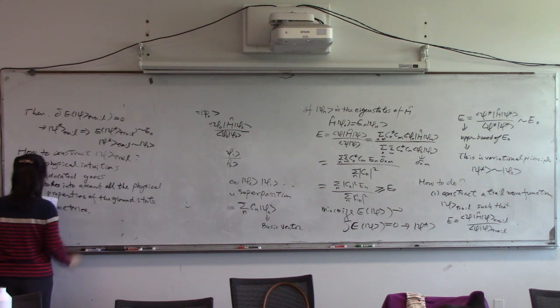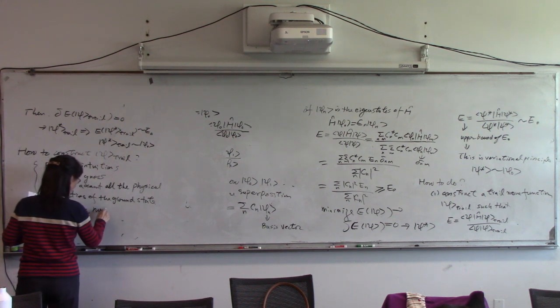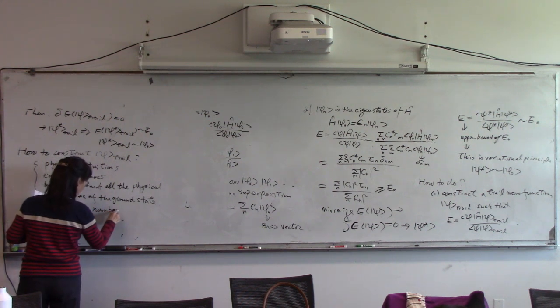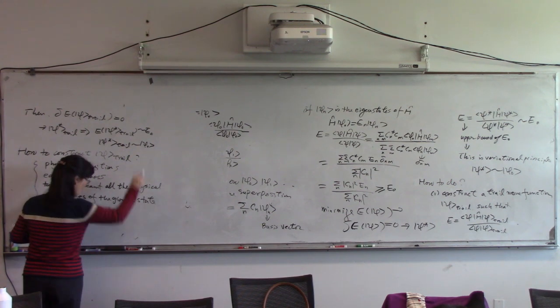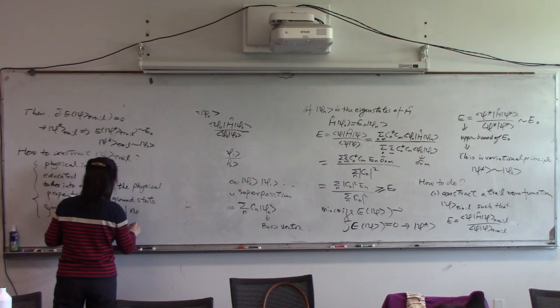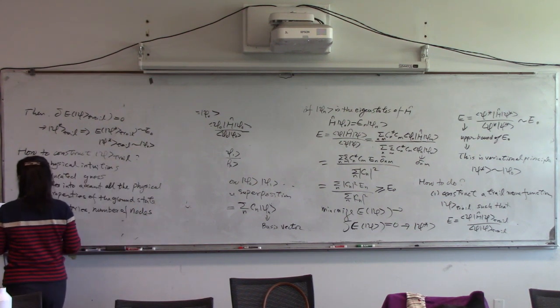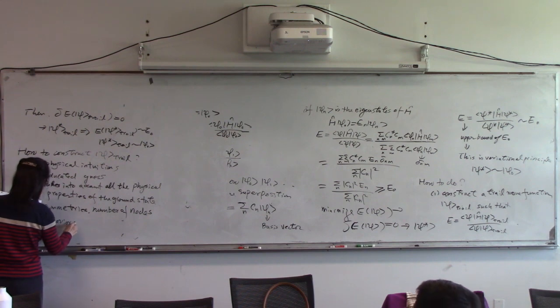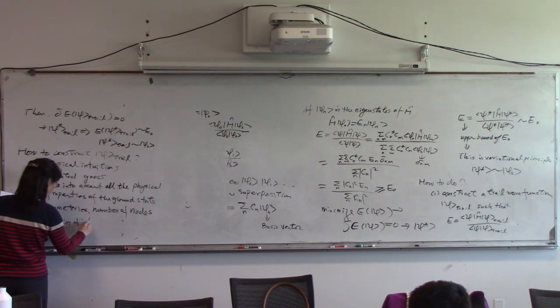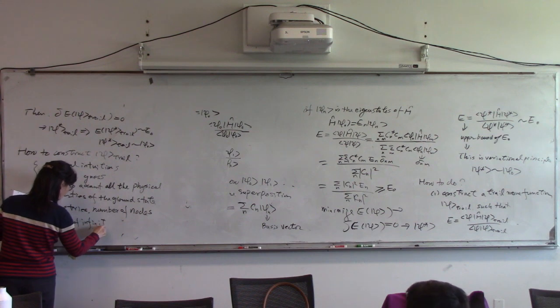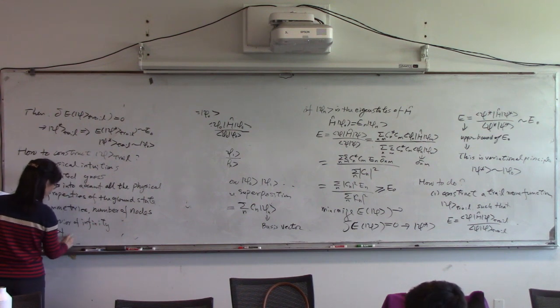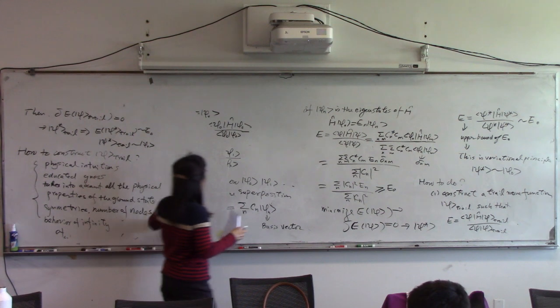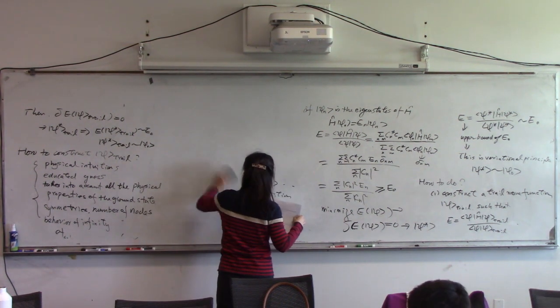Symmetries, number of nodes, right? The wave function has nodes and oscillates. If it is the ground state, there are no nodes, and the asymptotic behavior at infinity, etc. So those are all the information to help us construct this trial function.